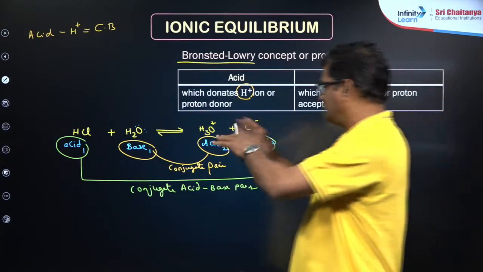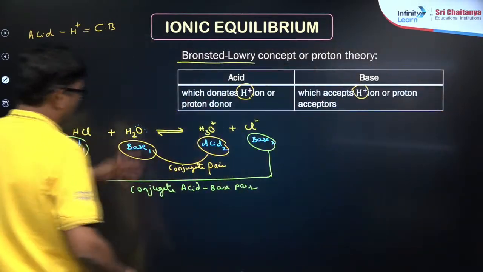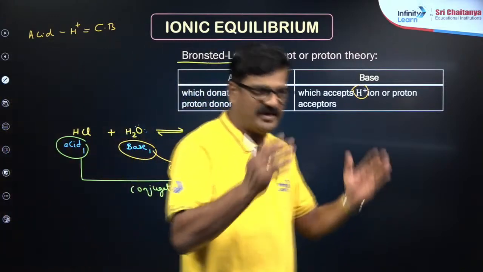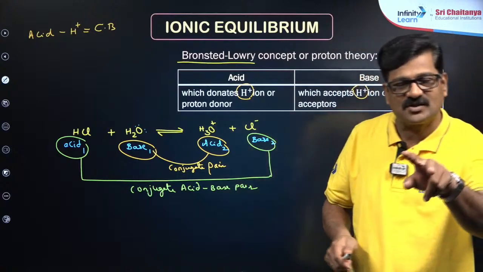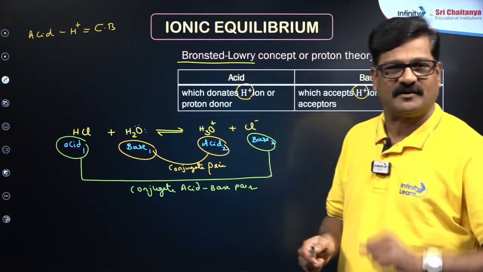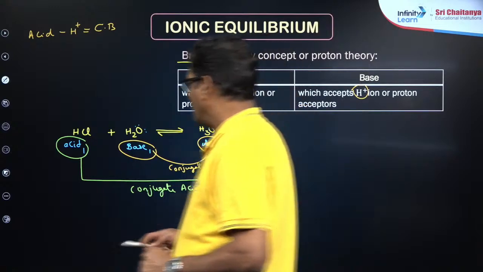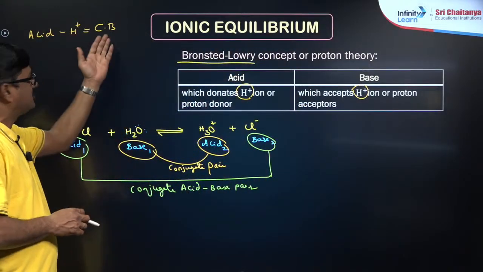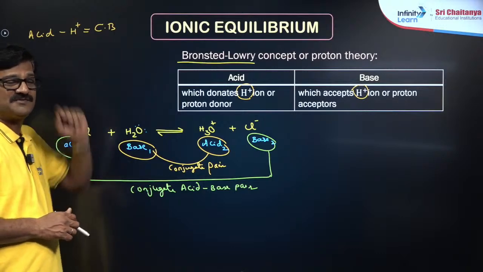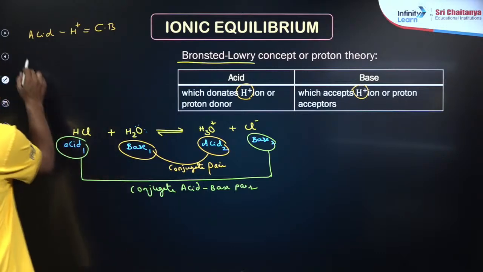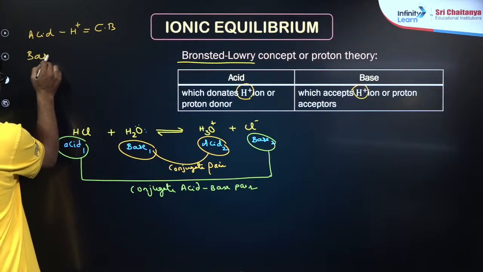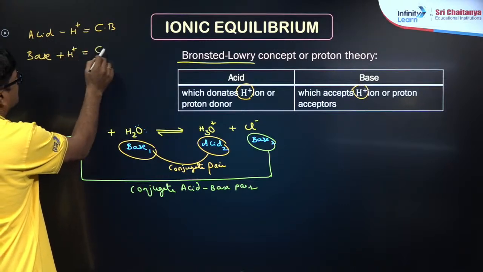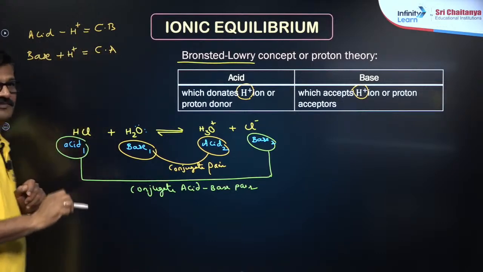You consider the set before the arrow mark and after the arrow mark: you can say a pair of acid and base. That pair is called a conjugate acid base pair. And in that, an acid, if you remove H plus from it, you are going to get the conjugate base. CB stands for conjugate base. Now if you take a base and add H plus to it, you are going to get its conjugate acid.